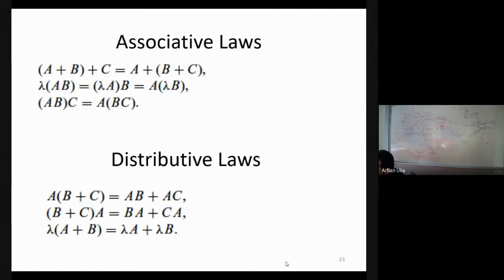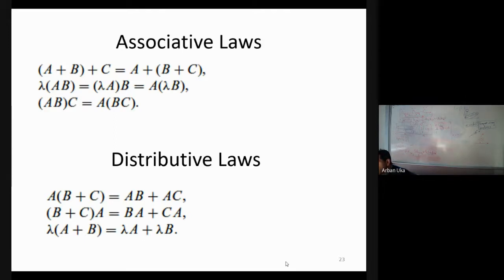Let's continue. We also have some associative laws and some distributive laws, as shown here in the slide. Adding three matrices, we can add the first two, and it is equivalent to adding the second and the third first, and then adding the first one. So they are all equivalent. Then lambda is a scalar quantity, and the product of two matrices A, B, you multiply by a scalar quantity lambda.